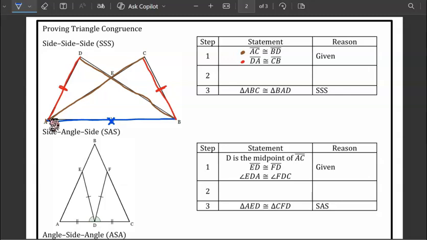So we could say that line AB is equal to itself. AB is congruent to AB. And when something is equal to itself, we call that the reflexive property.